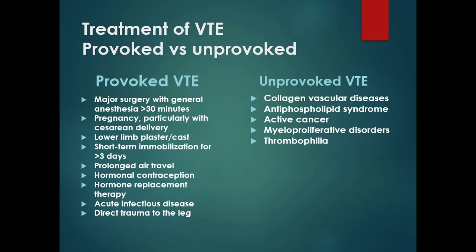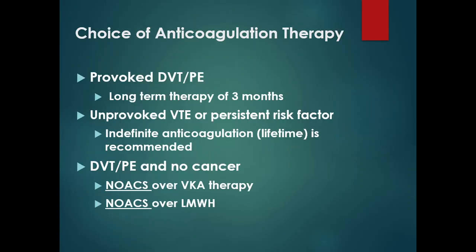And we have the ones who have unprovoked DVT. They don't have any of these events. They could have a connective tissue disease, antiphospholipid syndrome, active malignancy, or myelofibrotic disorders, or inherited thrombophilia, which we will discuss later. As for the choice of anticoagulation therapy for the provoked events, most of the guidelines now talk about only 3 months of therapy, either with a vitamin K antagonist like warfarin or NOACs, one of these non-vitamin K oral anticoagulants.